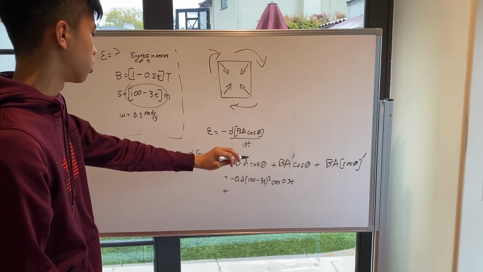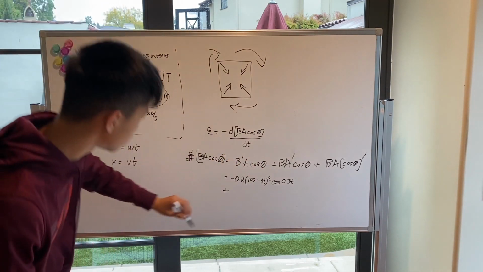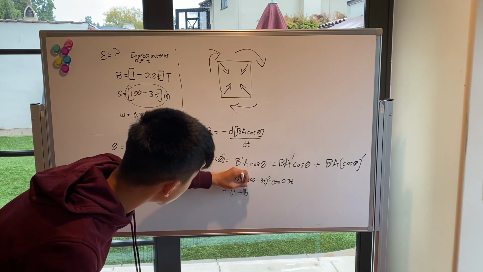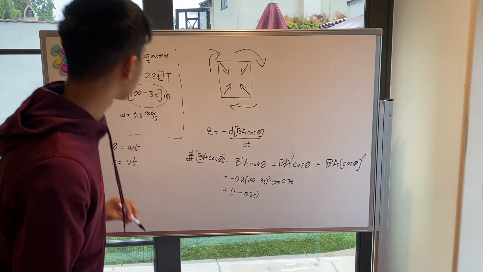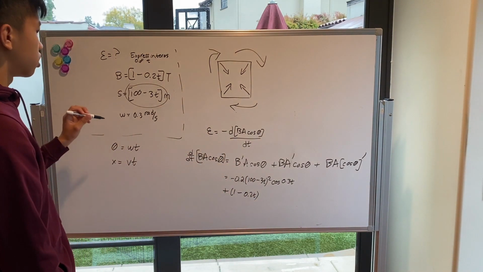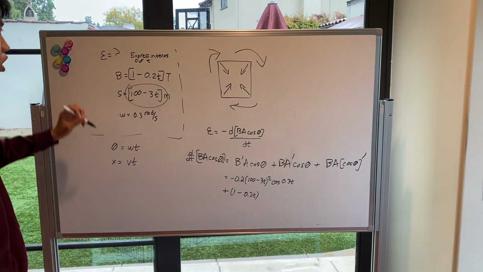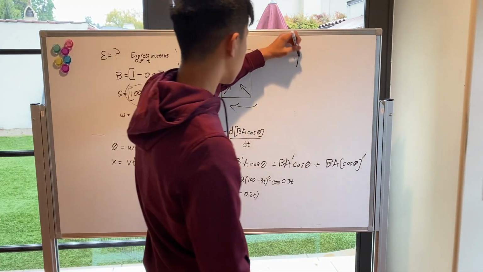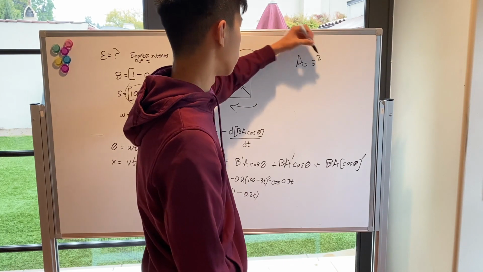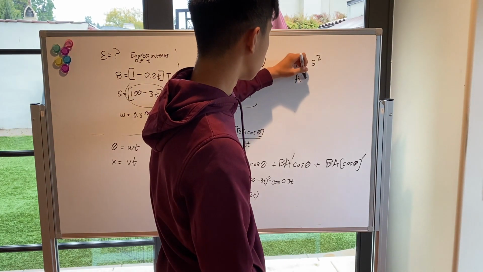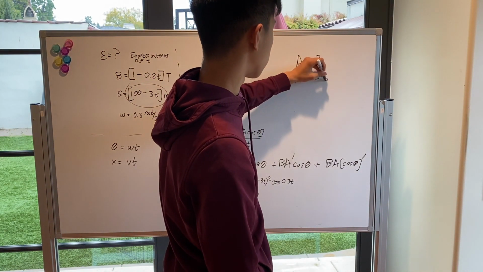Well, let's see here. B is just 1 minus 0.2t. Area prime, well, we can bring back our related rates. So we know that A is equal to s squared. So that means that A prime is equal to 2s times s prime.